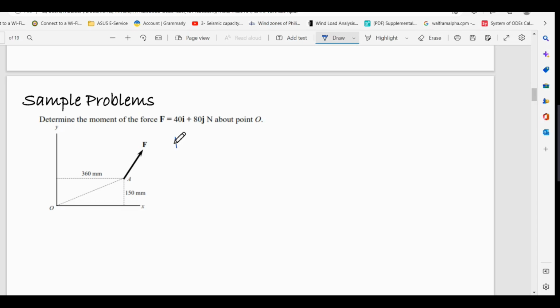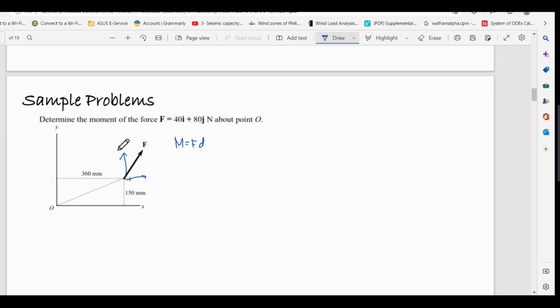As we have defined earlier, moment is equal to force multiplied by the distance. So, maghahanap ngayon tayo ng distance that is perpendicular to our moment center or our point O. Okay? So, una natin gagawin dyan is to find the component of our forces.